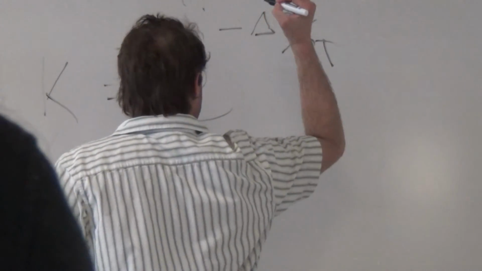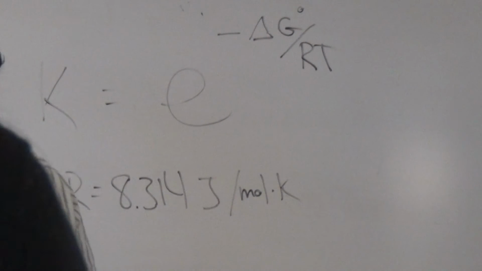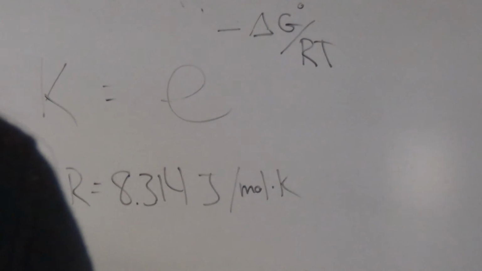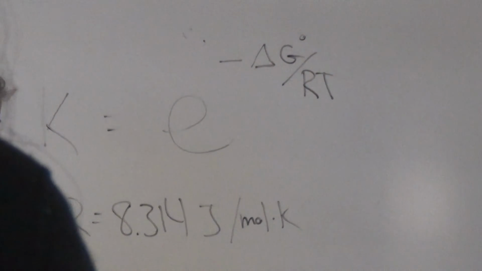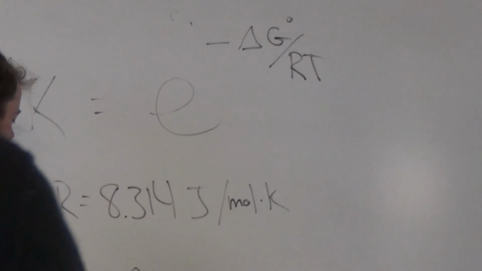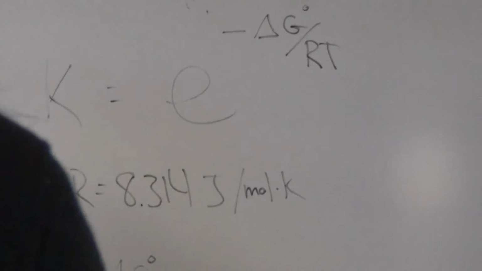Delta G naught. The equivalent expression for K is: natural log of K is equal to negative delta G naught over RT.